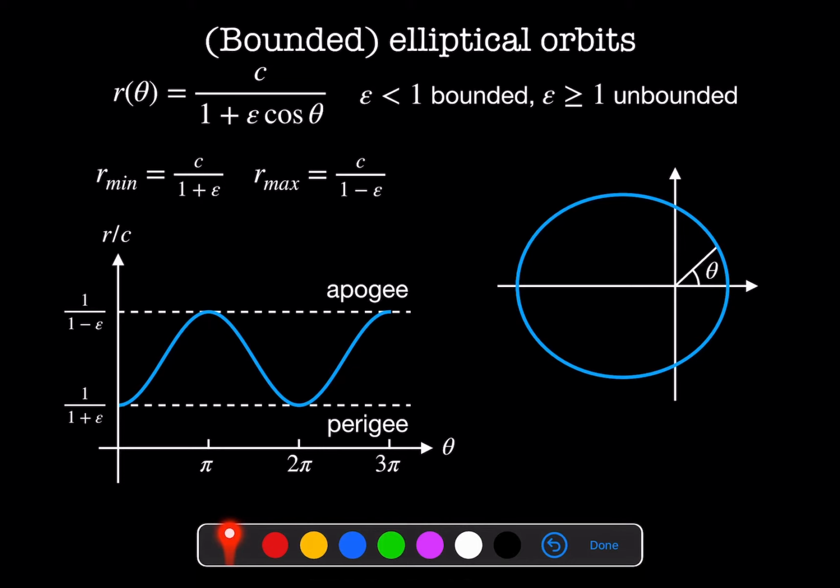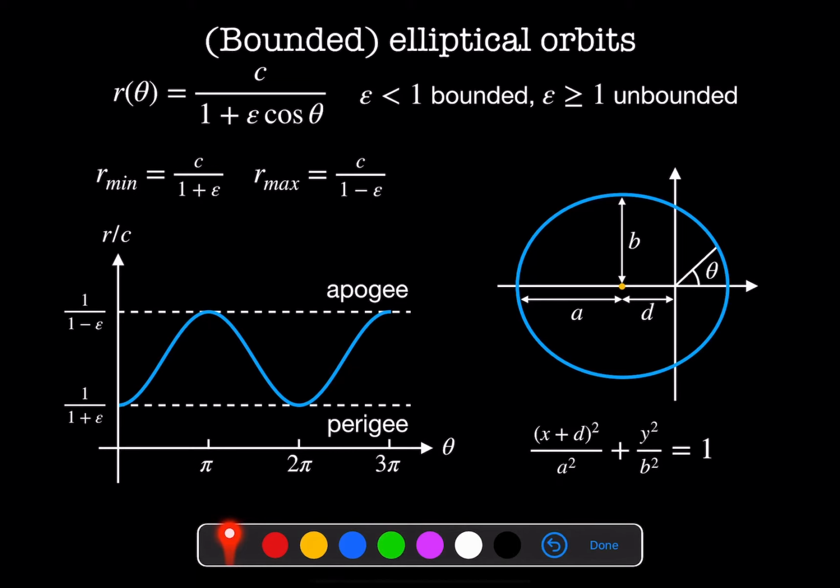This is one way of writing down an equation for this elliptical orbit. We can also do it implicitly using these different parameters. So A is the semi-major axis, so half the total length of the ellipse, and B here is the semi-minor axis, so that's half the total width of the ellipse, and D is the distance from the center of the ellipse to the origin.